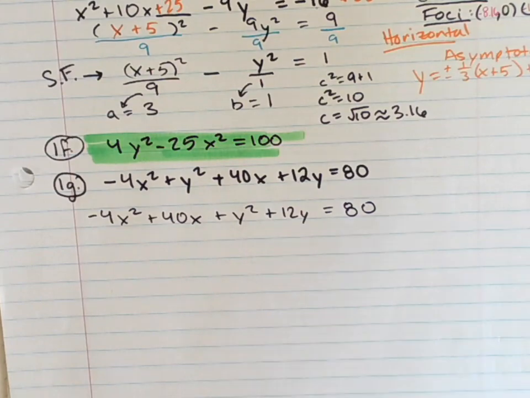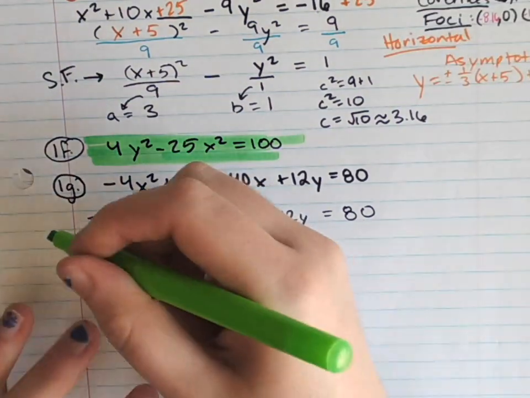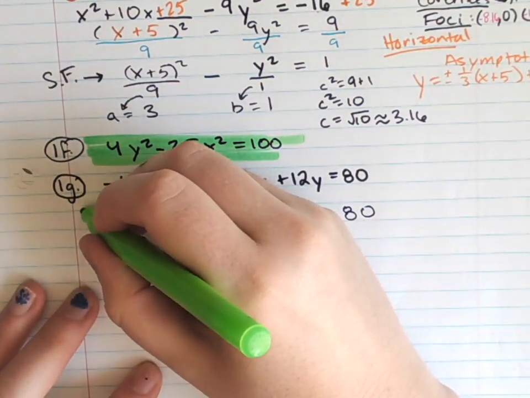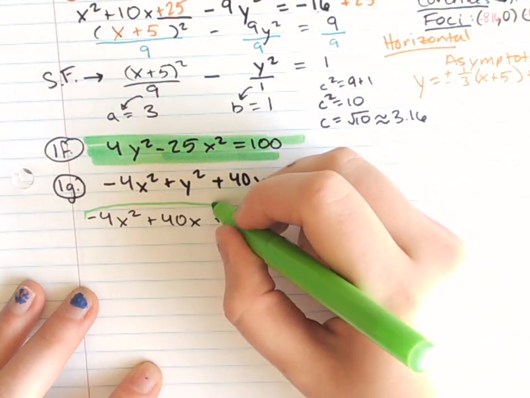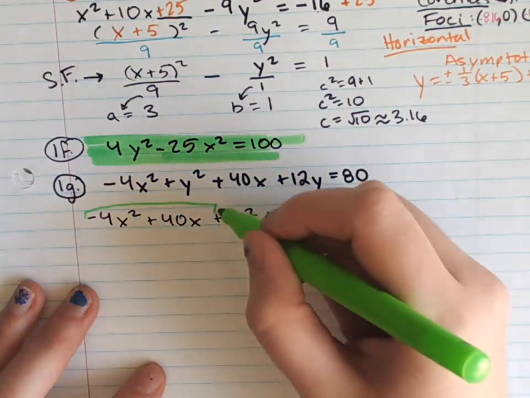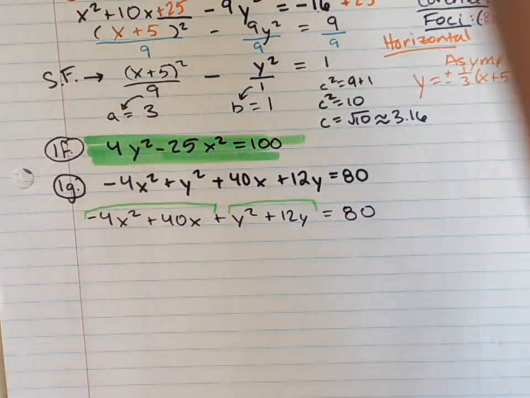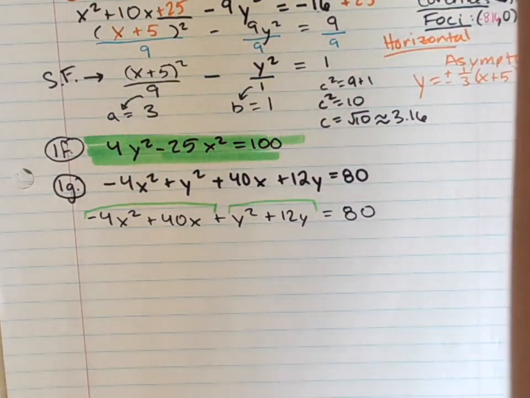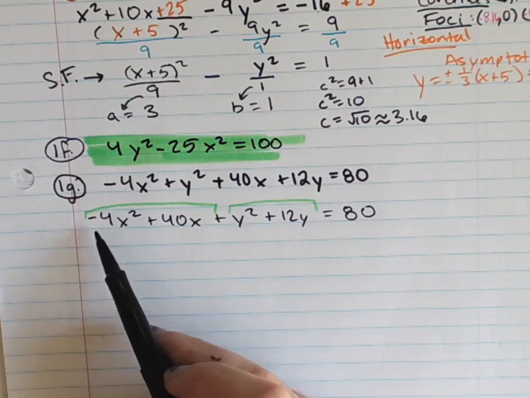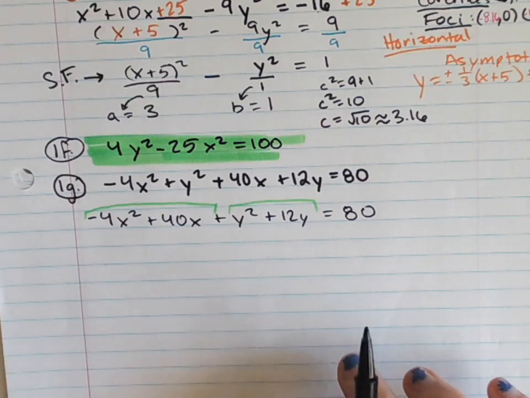So now we're dealing with that. We have to complete the square for both. First rule about completing the square, it has to have a 1 in front. Since this one doesn't, I'm going to have to factor out a -4 out of everything there.